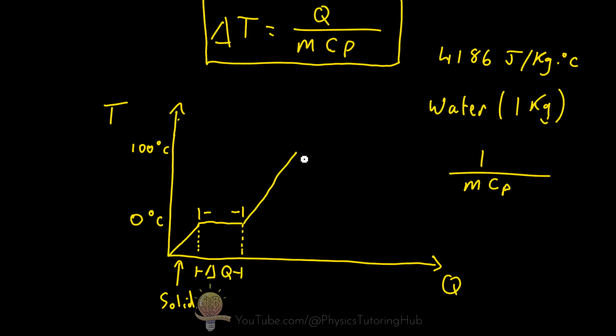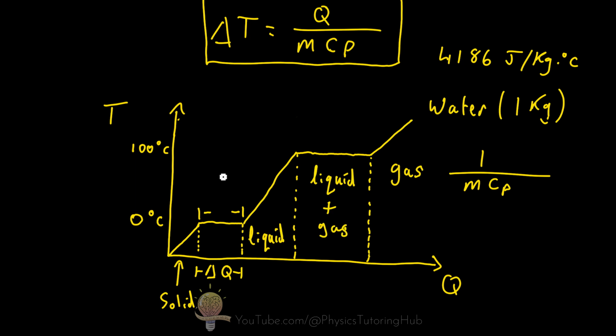And the same is true when we add enough heat energy to our substance to initiate the second phase change, when our liquid is turning into a gas. And when it's in its gas state, the specific heat equation applies again, and we get a linear relationship.